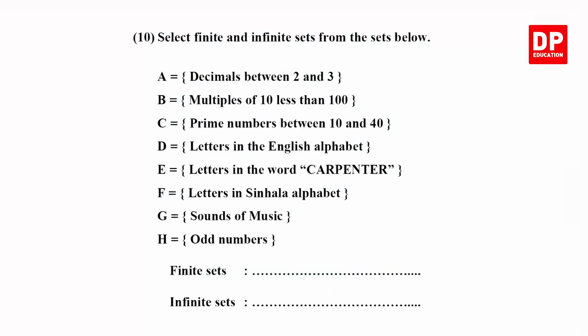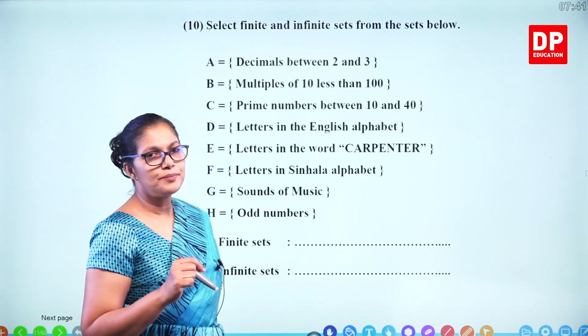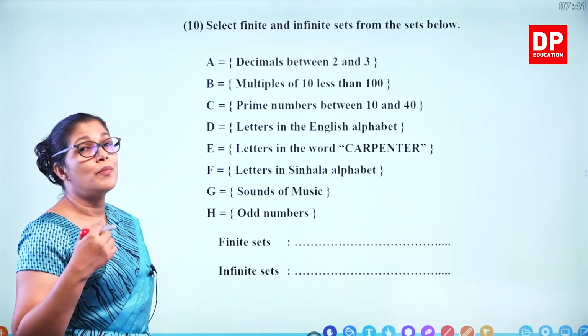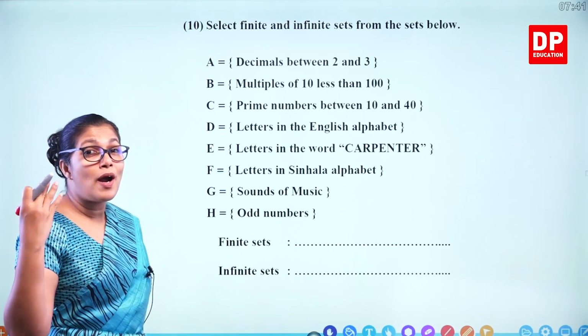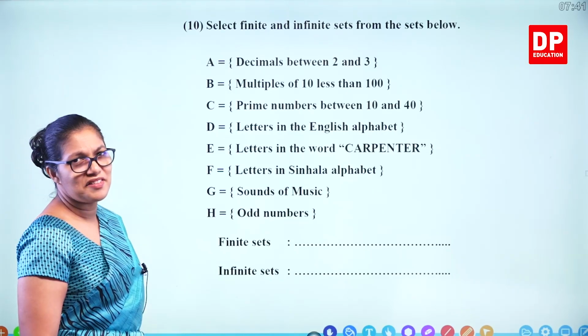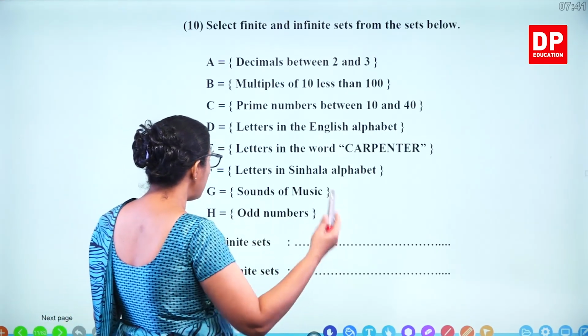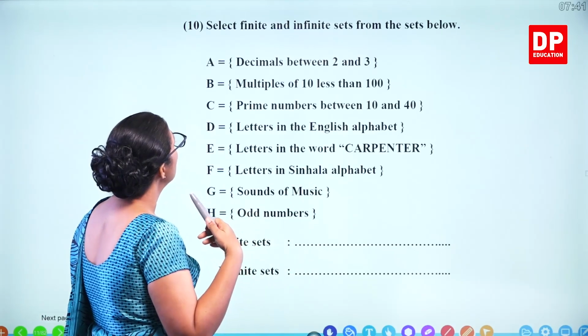Select finite and infinite sets from the sets below. Decimals between 2 and 3. 2.1, 2.15, 2.1999. Any number you can write. There's no end to that. You can write any number of decimal places.